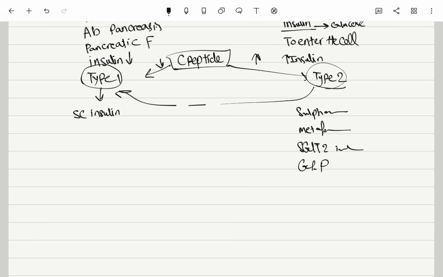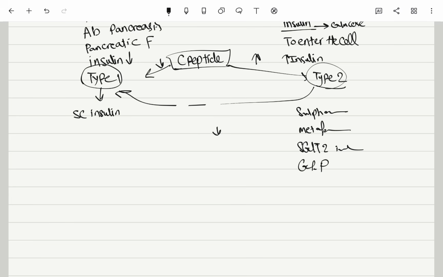Those drugs help to decrease blood glucose level and cause the peripheral tissue to be more receptive to insulin.